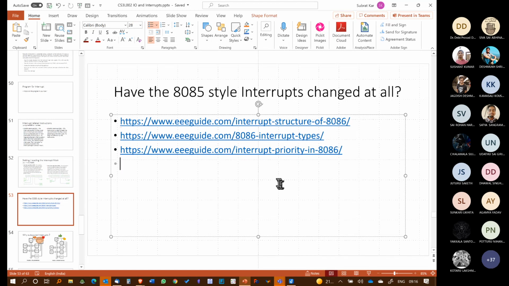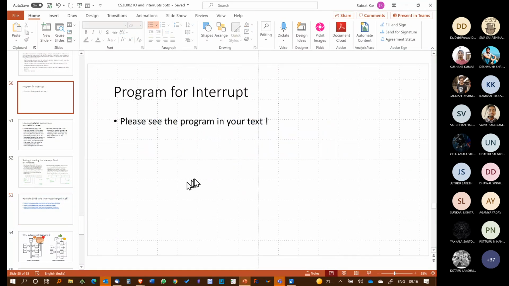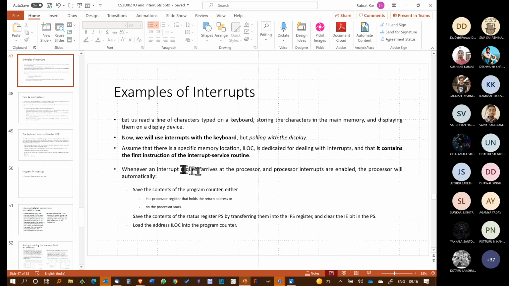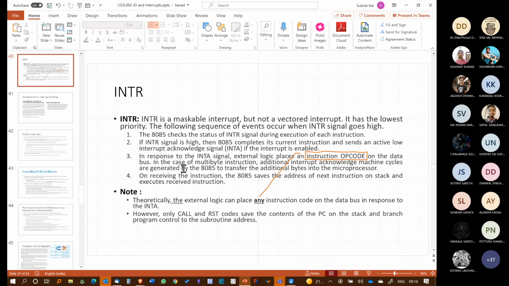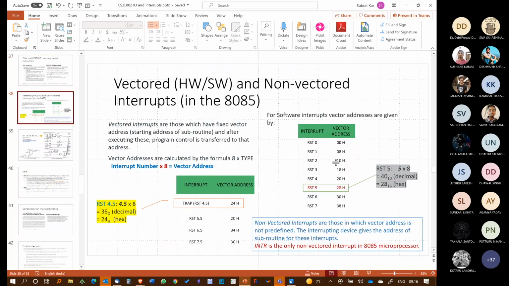So if you want to see what happened after the 8085, of course, what happened was 8088 came, right? And 8088 became 8086 with a small change in the data bus. And 8086 onwards, there were a lot of similarities. If you really have the interest to go and look at that, you will find that these RSTs actually amplified and became 256 RSTs.